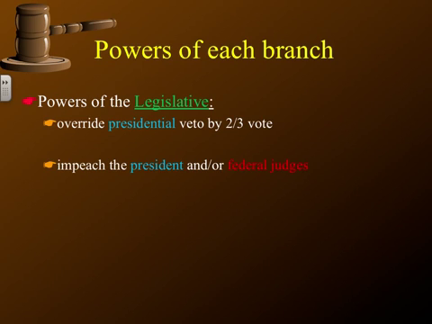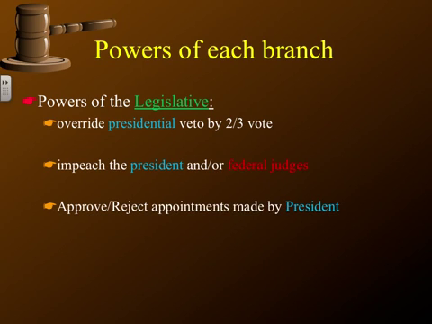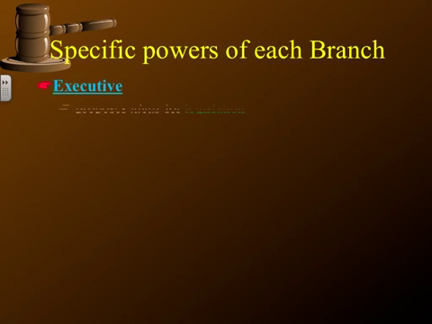And when they're impeaching a federal judge, they are checking the judicial branch. When the legislative branch approves or rejects appointments made by the president, so if he appoints a cabinet member and Congress approves that cabinet member, then they are checking the president. So you can see that each one of those things that the legislative branch does limits the other two branches as to what they can do.